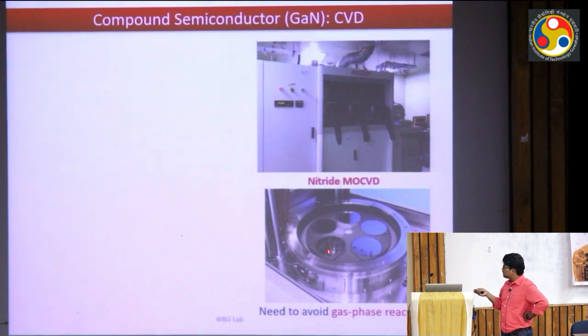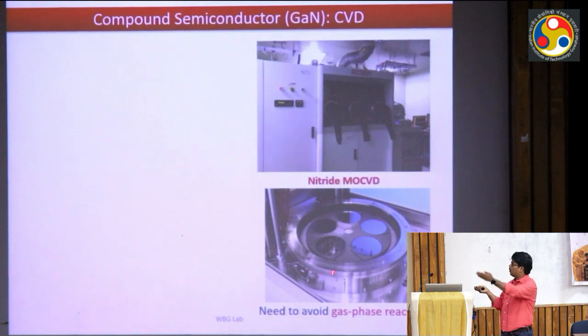This is the inside. These are the different substrates placed, and we just cover this lid, and then we have the reaction. A similar type of configuration is also there for our CVD setup here in our clean room.